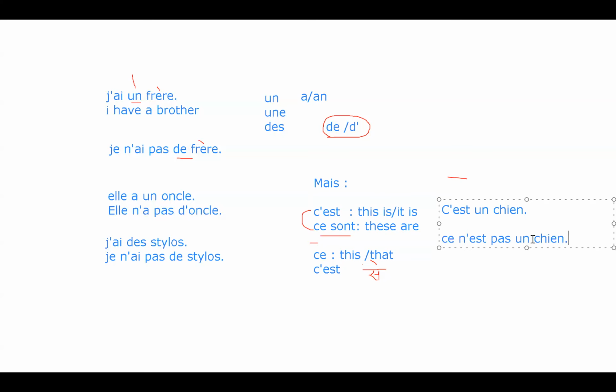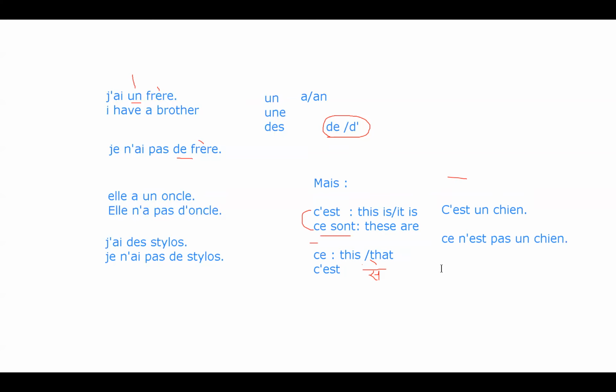Okay, it's not about possession. In possession, like the "avoir" verb or in any other verb, it means you talk about zero quantity. But here it's not a quantity. It's not about negation. It's about the thing. If you are saying it's a dog, so it's "un chien". It's not a dog, so "ce n'est pas un chien". So "un" never gets changed.